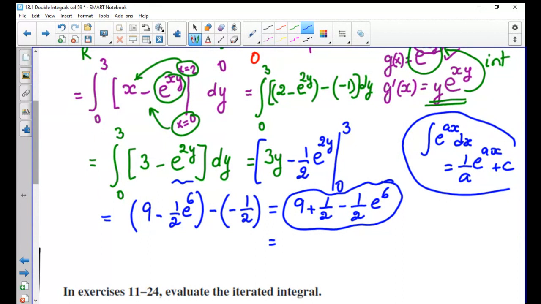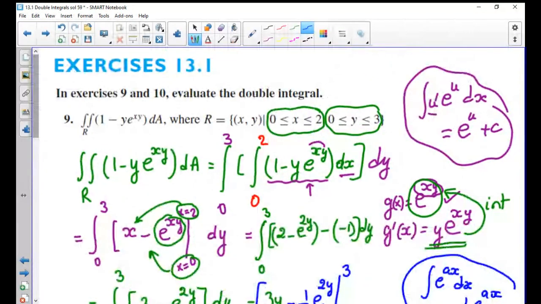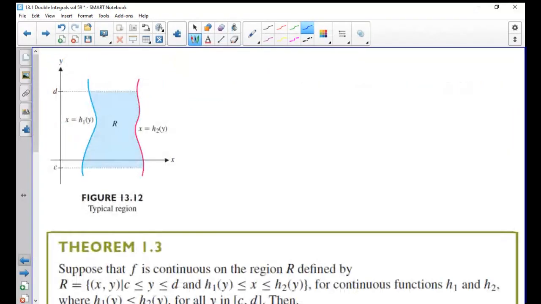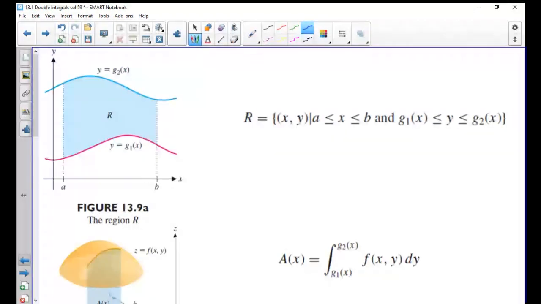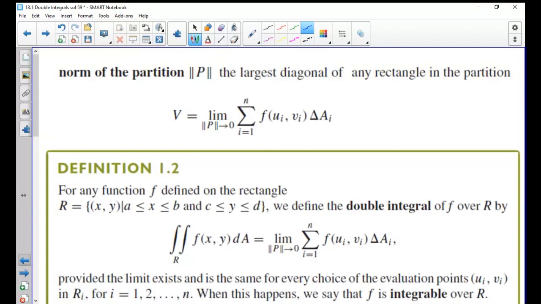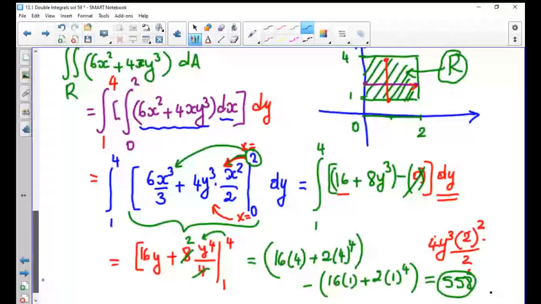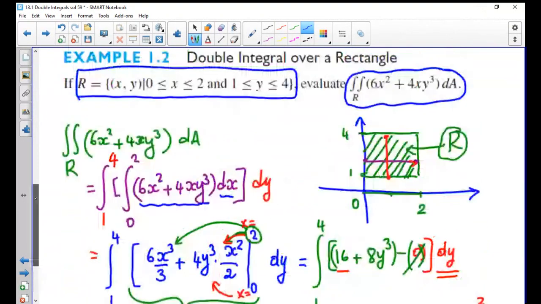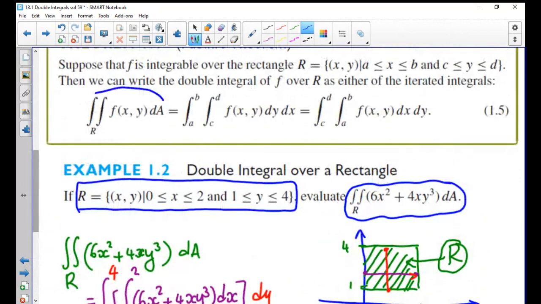Okay, that's basically the way we integrate in a rectangle. So when you are integrating in a rectangle, then it's fairly simple. You integrate with respect to x or with respect to y, it doesn't matter. The rest is just like calculus 1 thing. So basically what we do is we split the double integral into two integrals.